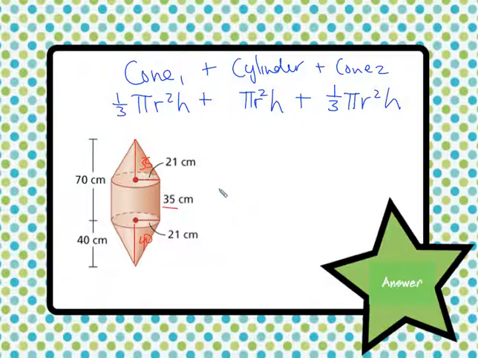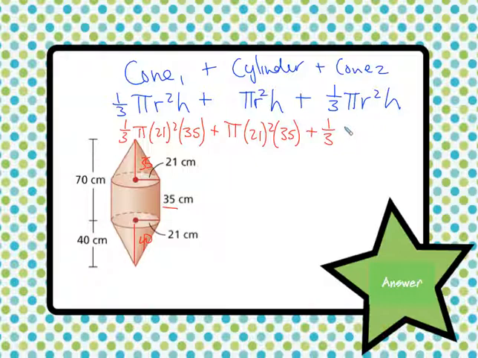And this one's 35. So we have 1/3 pi 21 squared, and then the height of that one's 35, plus pi 21 squared times 35 for the cylinder, plus 1/3 pi 21 squared times 40.